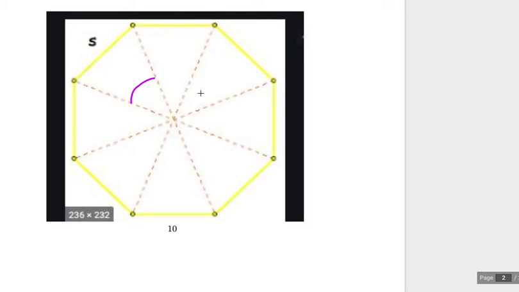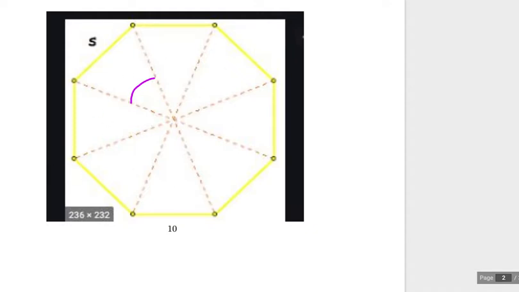So every time I'm finding the area of a regular polygon, I want to think about breaking it up into congruent triangles. Since this is 8 sides, if I went ahead and drew the radii from the center of that octagon, I would end up with 8 congruent triangles.